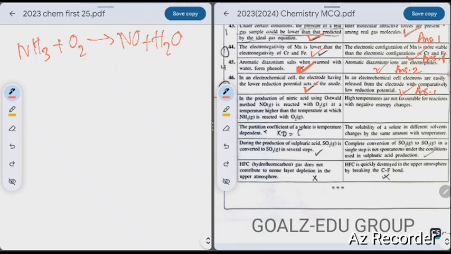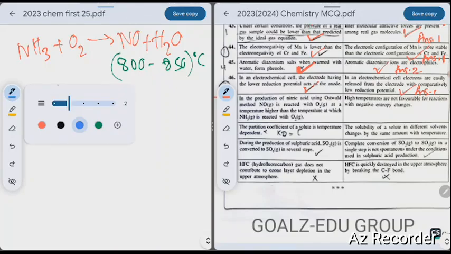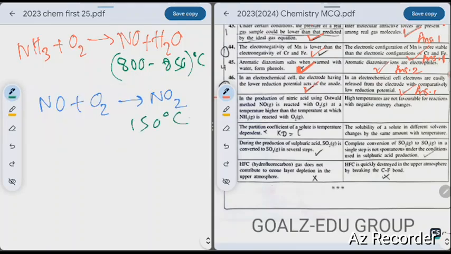This happens at a temperature of 800 to 850 degrees Celsius. Next, NO plus O2 gives NO2, and here the temperature is 150 degrees Celsius.